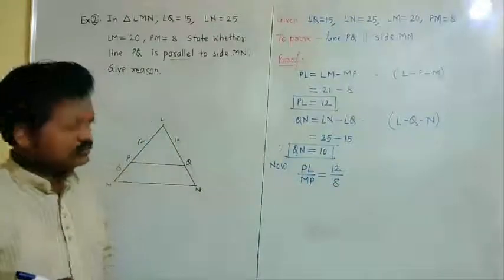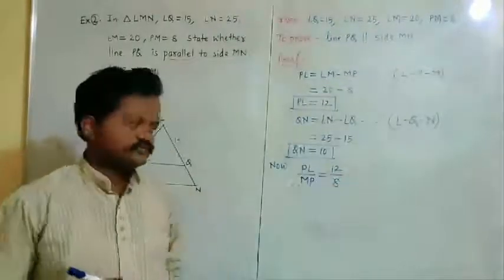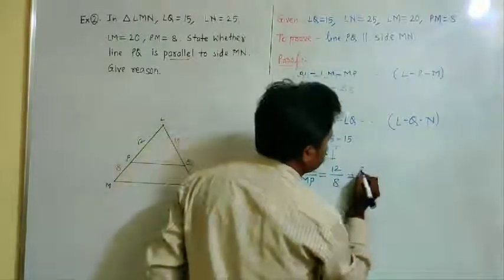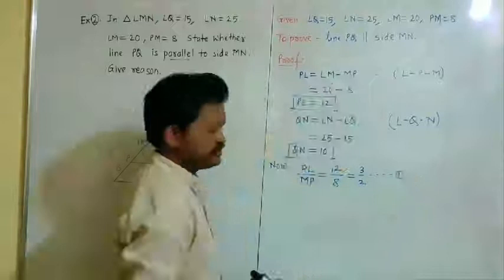Simplify this: 12 upon 8 is a multiple of 4, so 4 into 3 and 4 into 2. So you get 3 upon 2. That is the first statement.